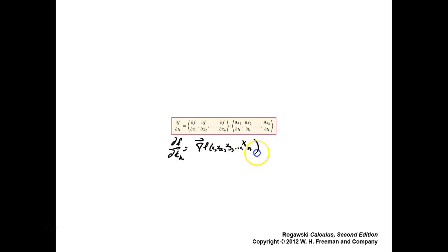That gradient dotted with the partial of x1 with respect to t sub k, partial of x2 with respect to t sub k, comma, partial of x3 with respect to t sub k, comma, dot, dot, dot, all the way up to and including partial of x sub n with respect to t sub k.